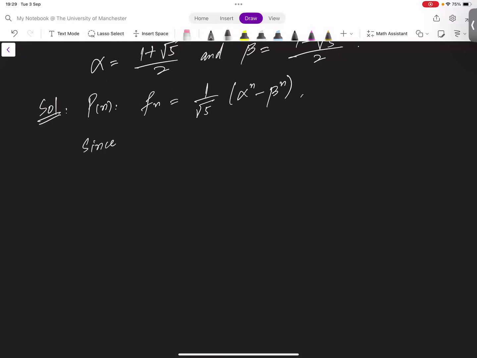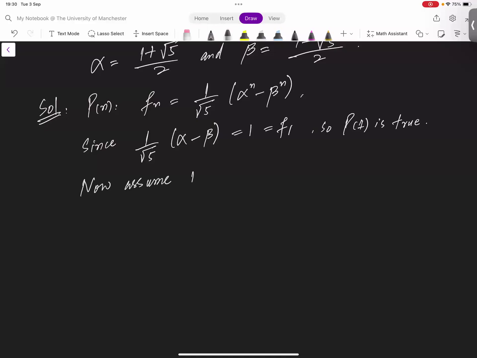Since 1 over under root 5 into alpha minus beta is 1, which is the first term, P of 1 is true. Now assume P of 1 to P of n are all true.